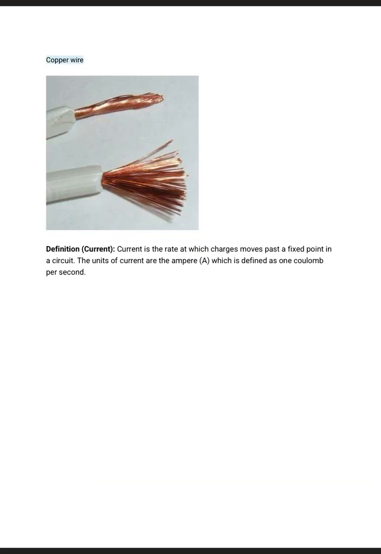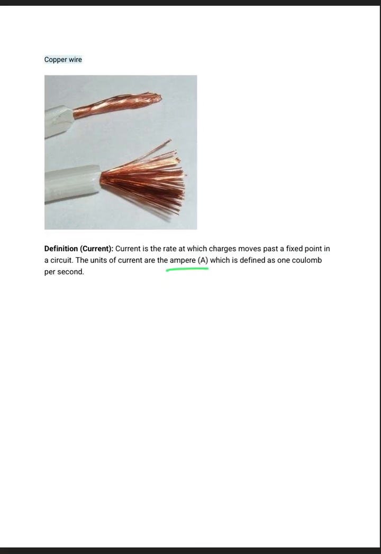And then now we have a copper wire. This is the image of a copper wire, as you can see there. A current is defined as the rate at which charge moves past a fixed point in a circuit. The unit of current is the ampere, which is defined as 1 coulomb per second.